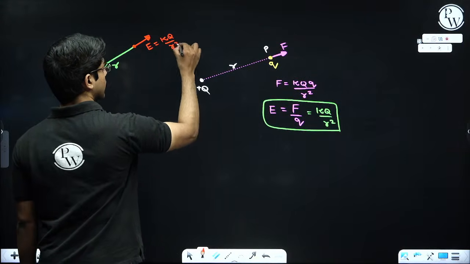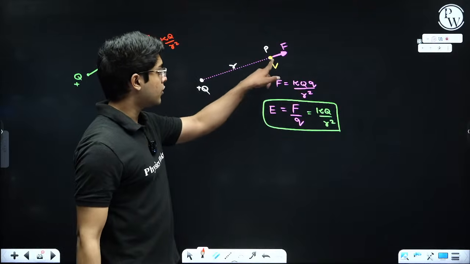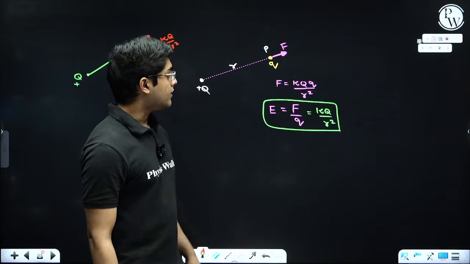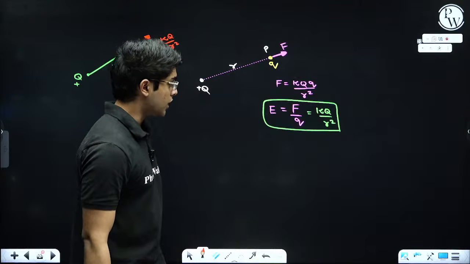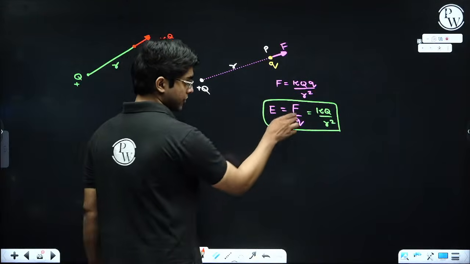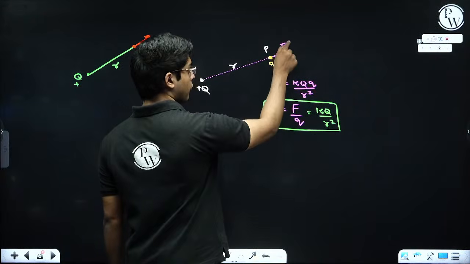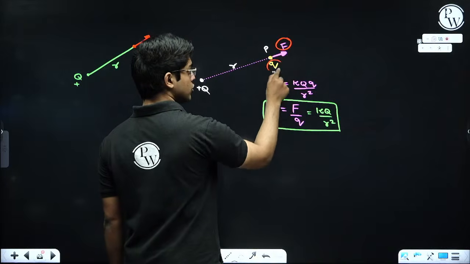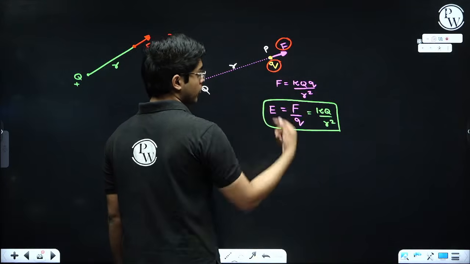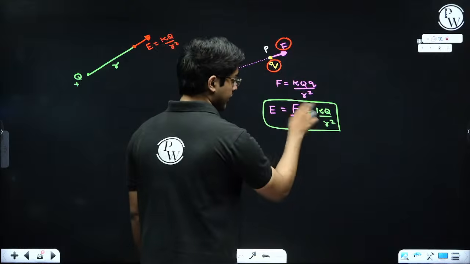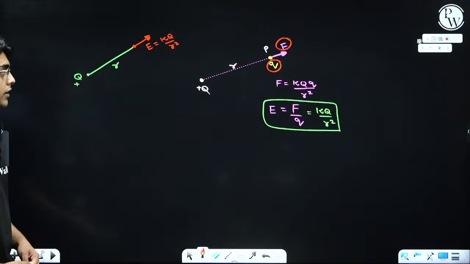So we use the charge to find the force, and then we do force divided by the charge. That is the definition of the electric field: the force felt by the q charge divided by the magnitude of that charge. That is how we find the electric field at any point.